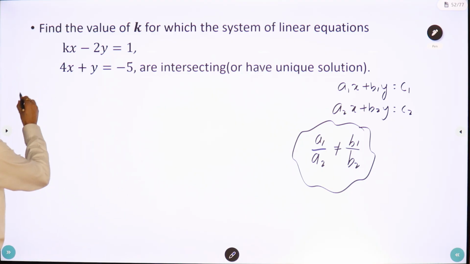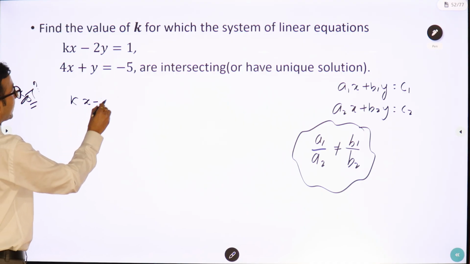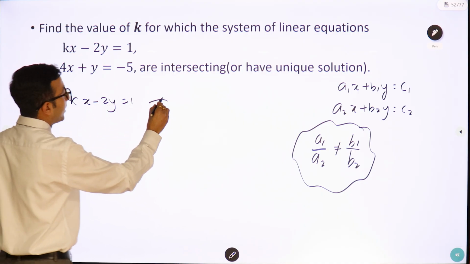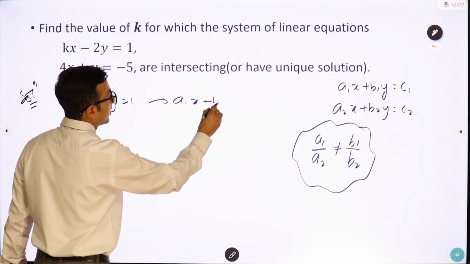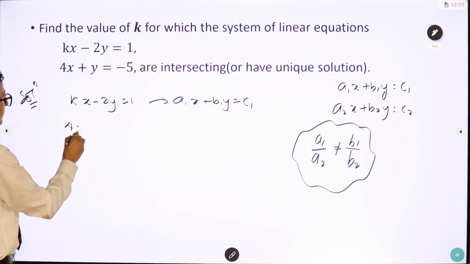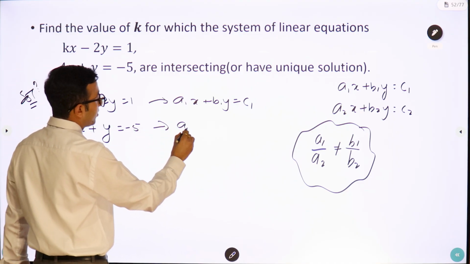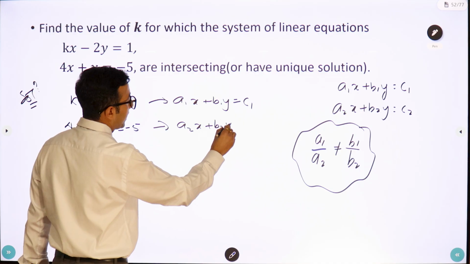Now same for this question. Look here, we will compare kx minus 2y is equal to 1 with a1x plus b1y is equal to c1. Comparing this, and 4x plus y is equal to minus 5 with a2x plus b2y is equal to c2.